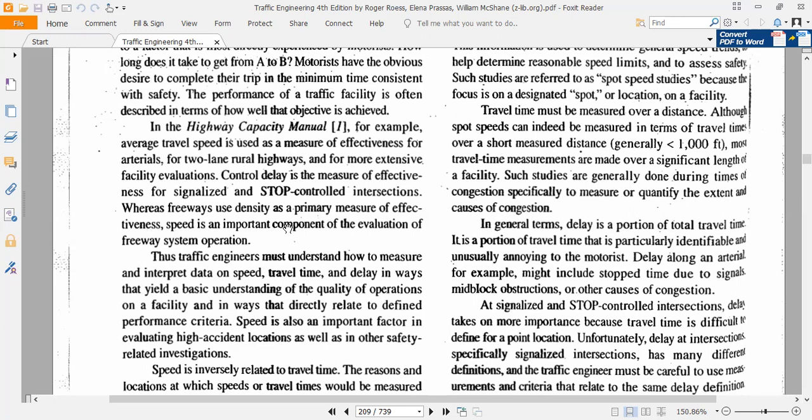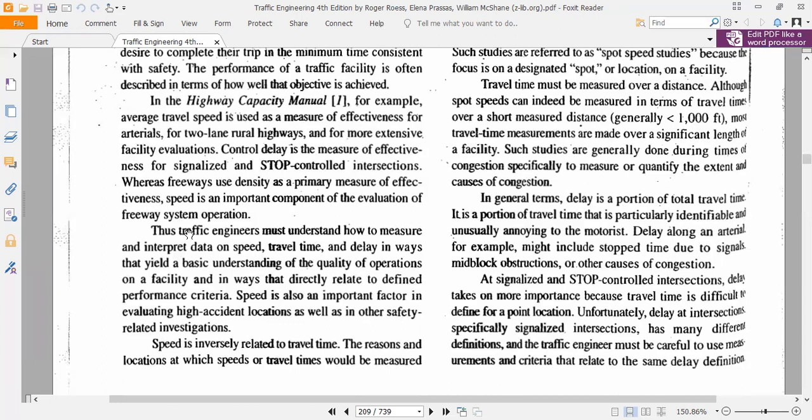Density means how many vehicles are present per unit length of a road. For example, if you take a snapshot and count the number of vehicles in 1 kilometer of the road section, that is your density. So depending upon the type of road, we have different measures for measuring its effectiveness.